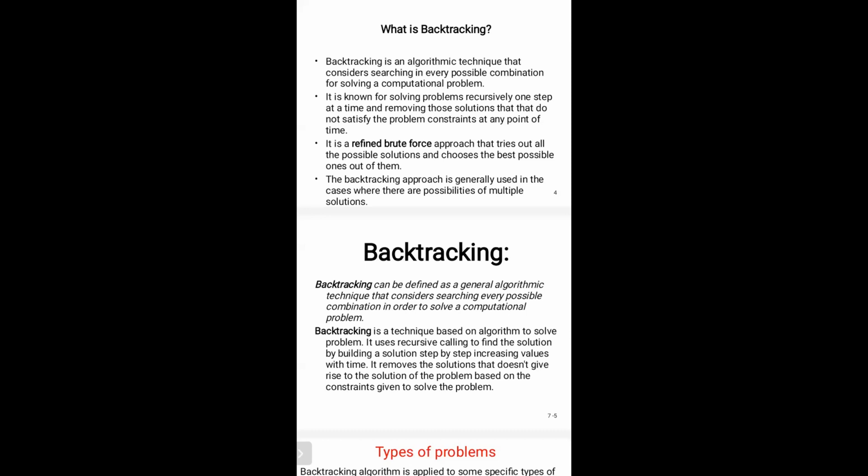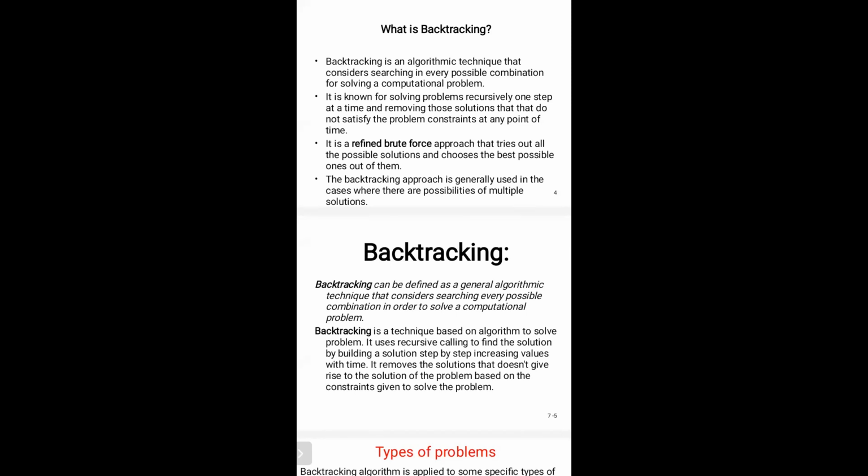So we are solving the problems in a recursive approach, one step at a time, and removing those solutions that don't satisfy the problem constraints at any point of time. So it is a refined brute force approach.